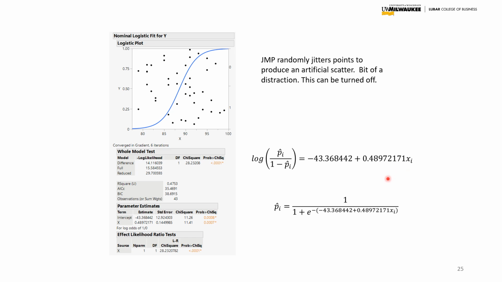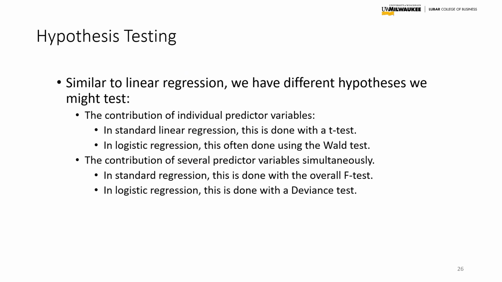As I showed you on a previous slide, we can rearrange all these and ultimately get an expression, a predictive equation for the probability of success, and here I show it.